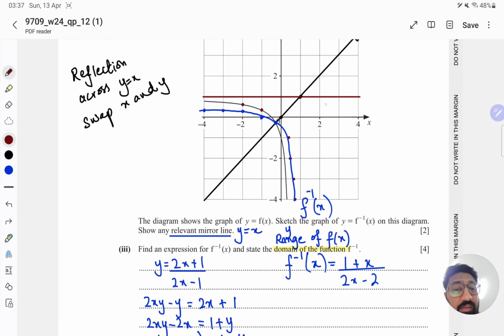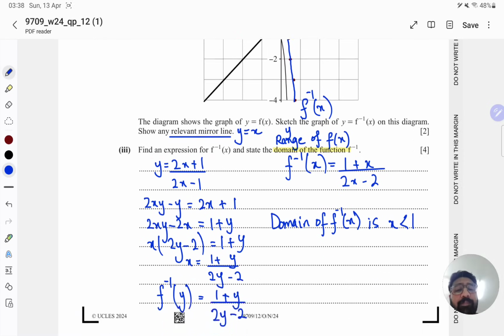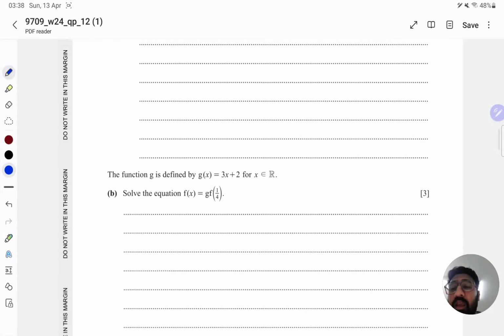So the range of the function is f of x less than 1. Whatever is the range of the function is the domain of the inverse. So let me write the domain of f inverse of x: x less than 1. Remember, domain is always written in terms of x, and the range is written as f of x or y.